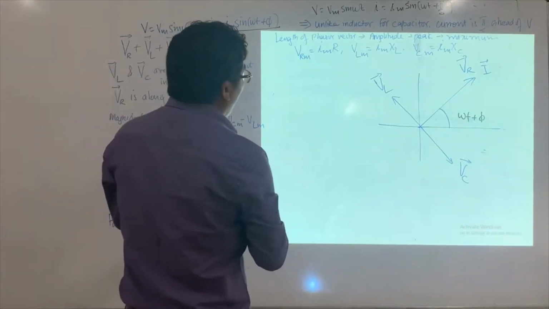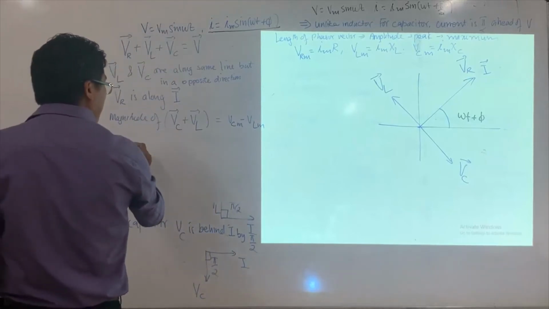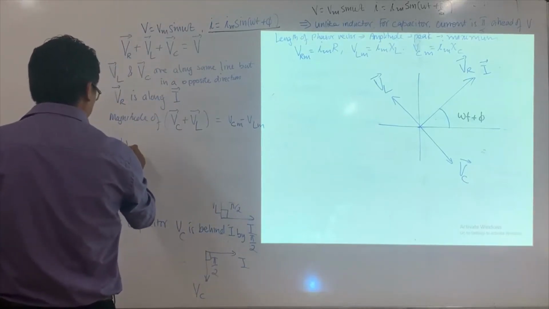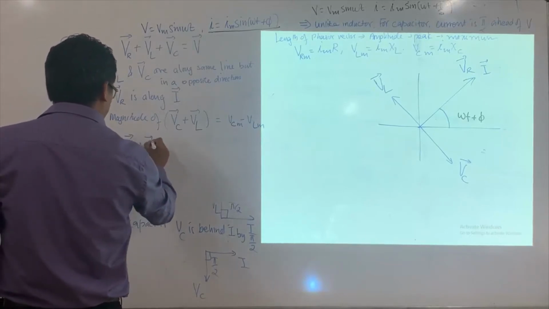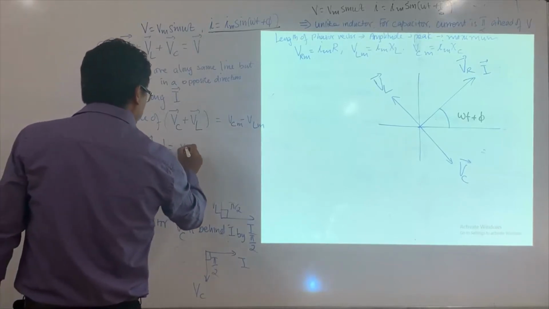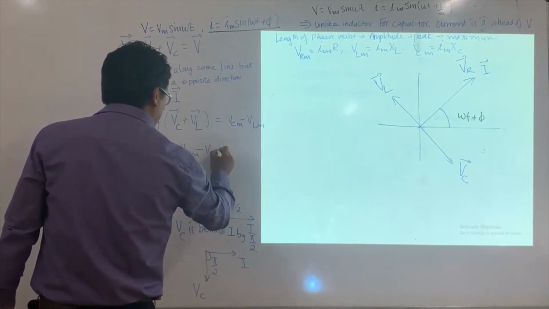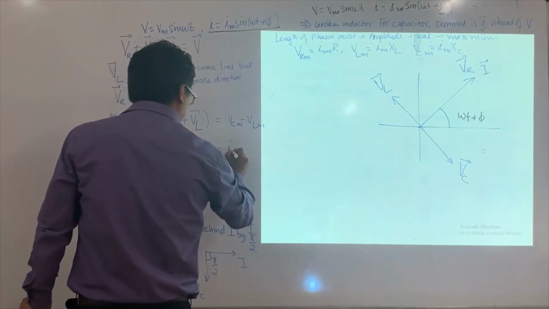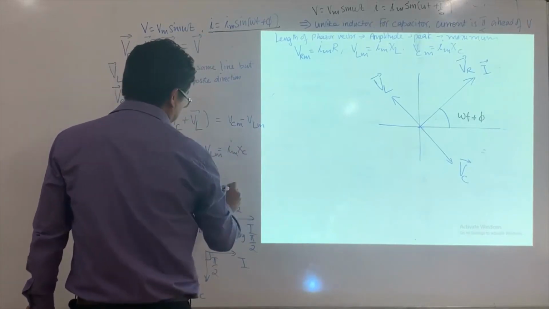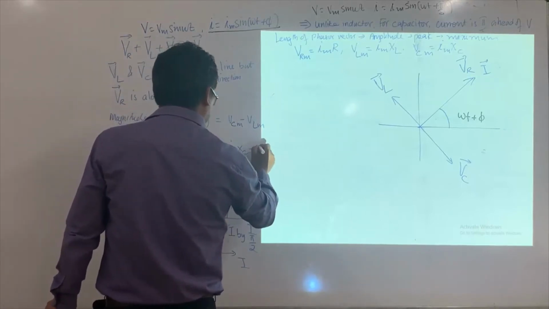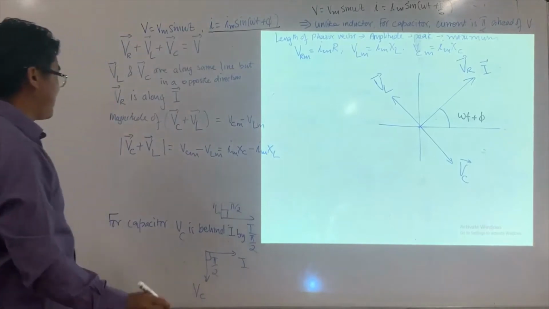And now I would like to see what is that value. The magnitude of VC plus VL is equal to VCM minus VLM, which is equal to Im XC minus Im XL. This is right.